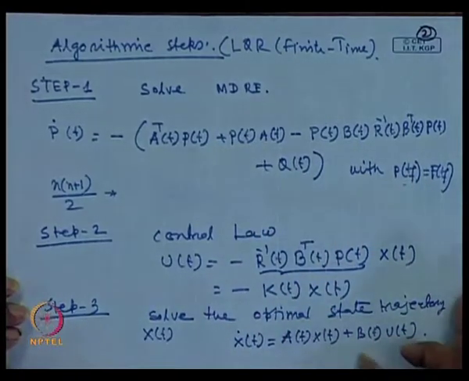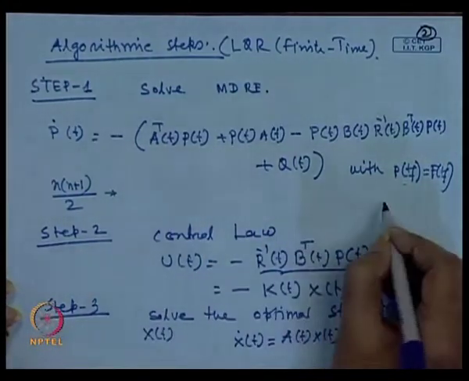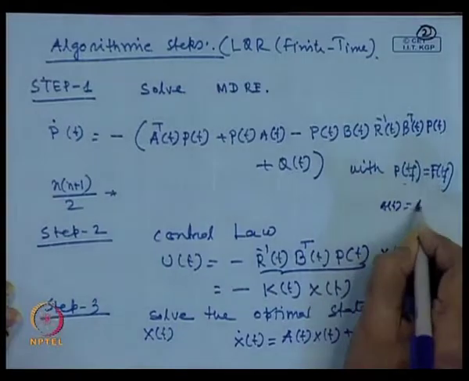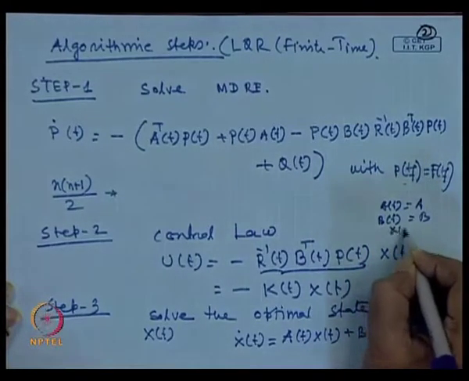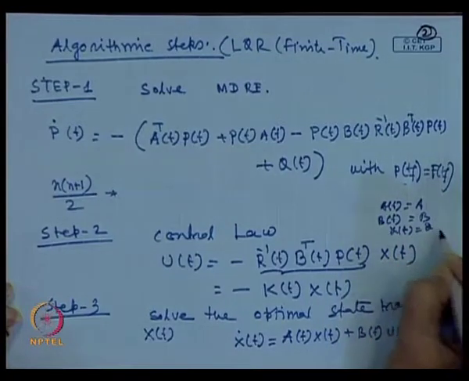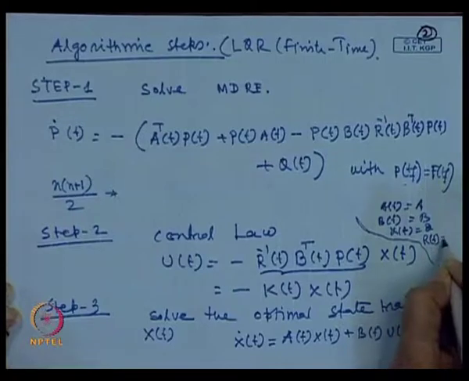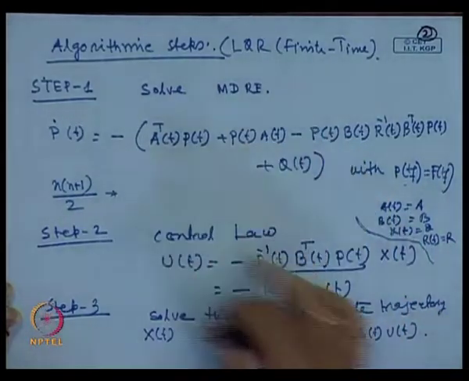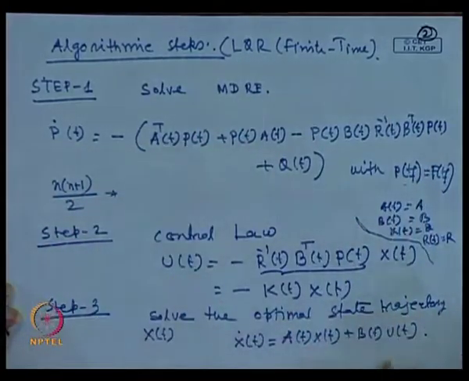Then in place of A of t you can write A, in place of B of t you can write B, in place of Q of t you can write Q, and in place of R of t you can write R in this expression, and this expression is still valid.